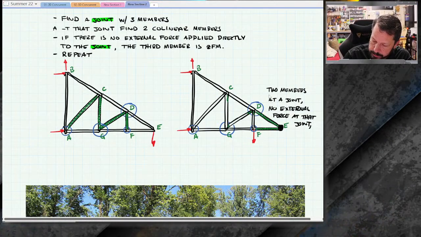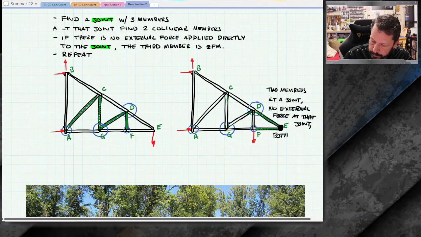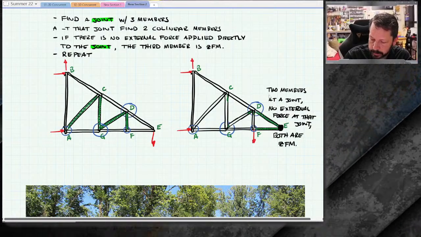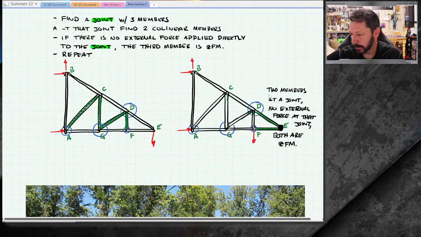What that means is both are zero force members under that loading condition or setup.